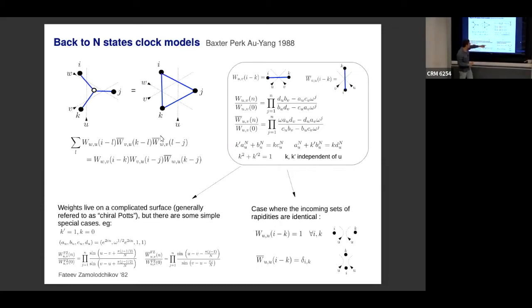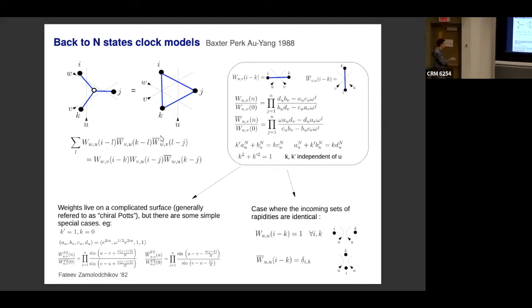And the W bar weights instead become Kronecker delta, so they impose those two spins here to be the same. Geometrically, you can interpret this as you would usually for a vertex model. In a vertex model, you have a special point where the R matrix is the identity. Well, here it's the exact same thing. So instead of crossing, the two lines just avoid each other, and that gives a perfect interpretation for these weights.